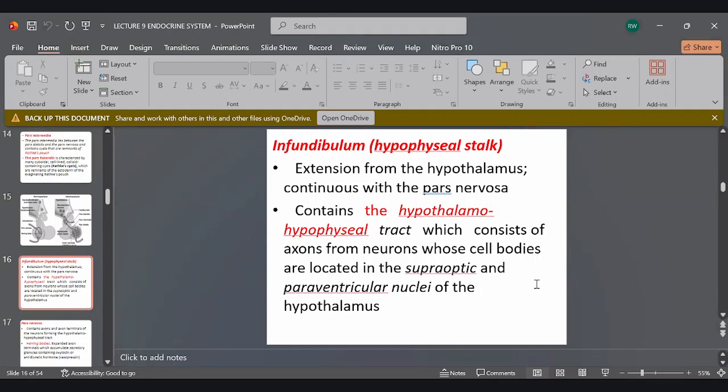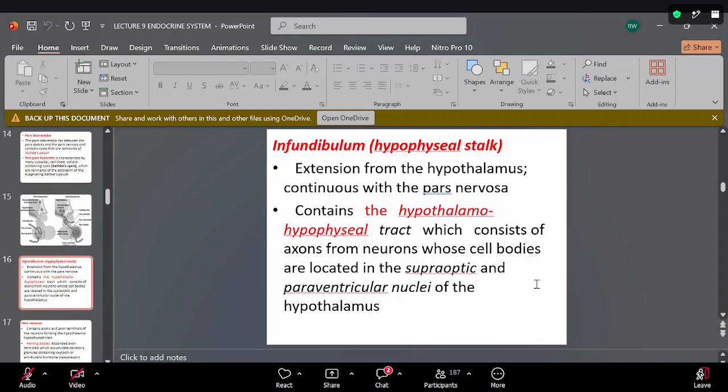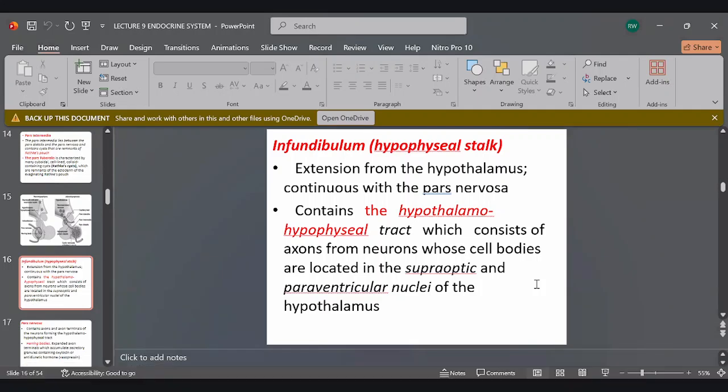So we have the anterior and the posterior pituitary glands, and in the anterior we have the pars distalis, the pars intermedia, and the pars tuberalis, and in the posterior, which is the neurohypophysis, we have the pars nervosa.